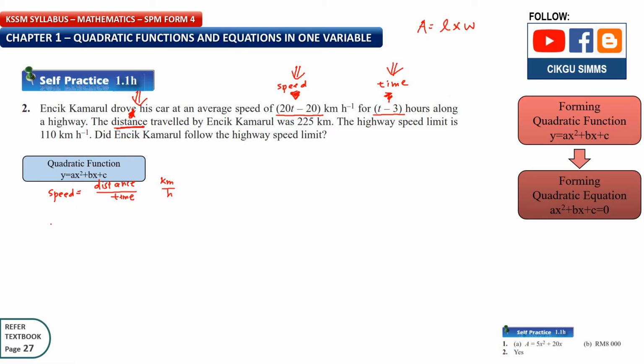So speed, I can put the speed 20t minus 20, and then distance is 225. The time is t minus 3. Okay, so now I can move this thing there. So 20t minus 20, times t minus 3.